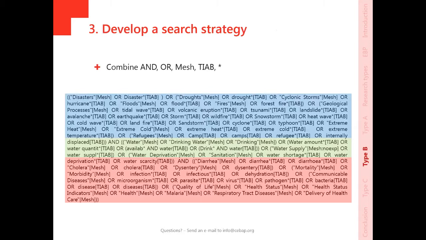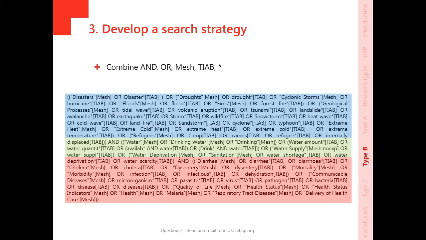The blue one refers to the disaster, and it involves terms such as drought, cyclone, flood, hurricane, volcanic eruption, refugee camp, and so on. The green block refers to water: drinking water, water supply, water shortage. And the last one, the red block, refers to the outcomes, such as mortality, morbidity, dehydration, parasite, and so on.